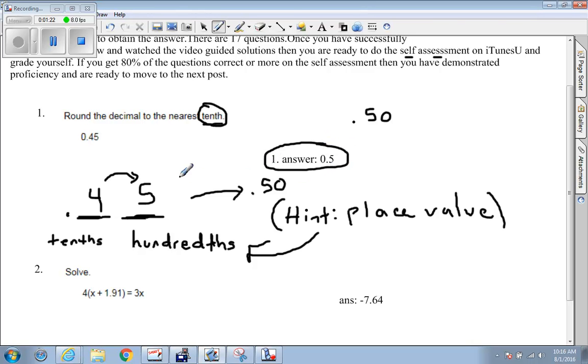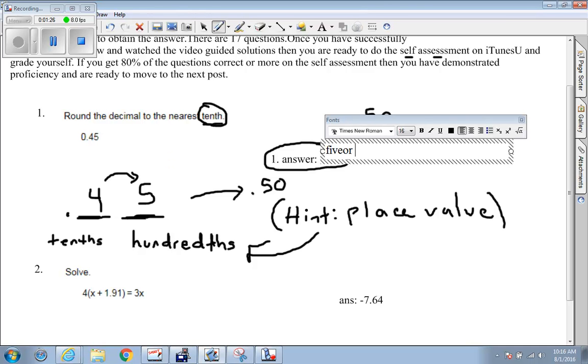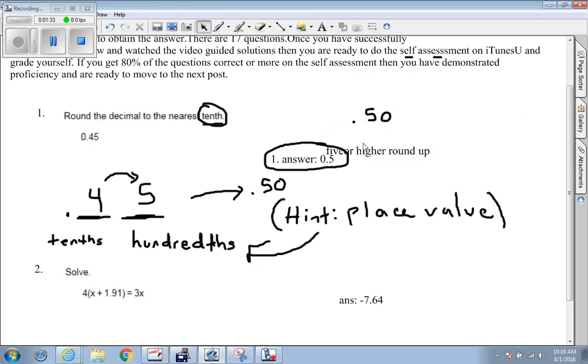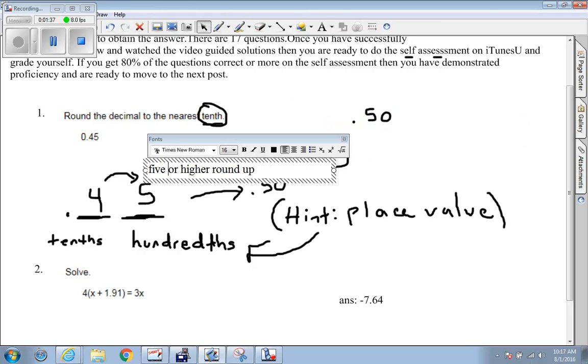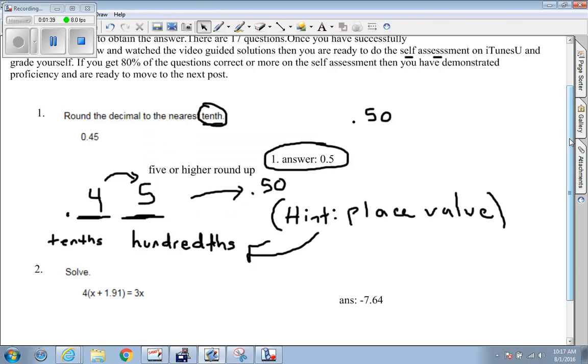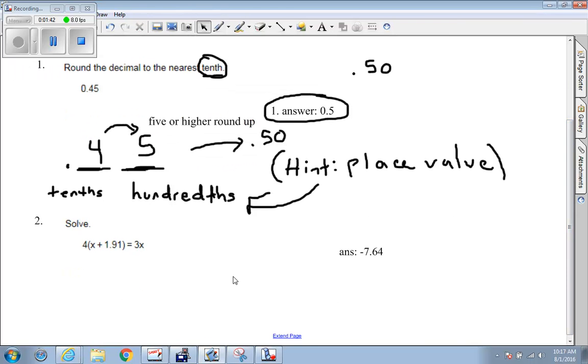Again, a little note to self: 5 or higher, round up. And again, I'm going to cruise through this with ease because I'm assuming you've been through it in the guided notes already.